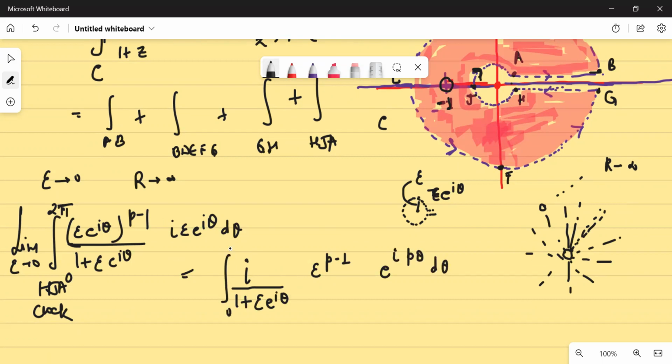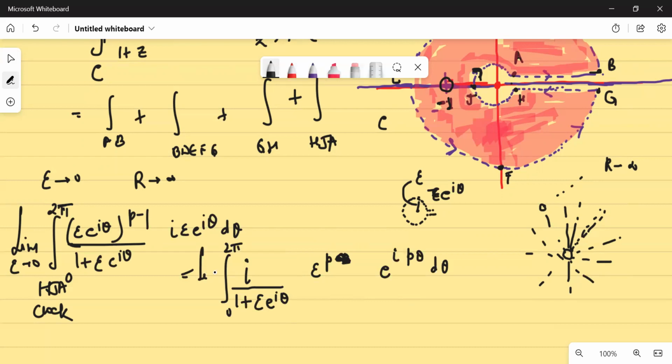Is that clear? Does this make sense? Quickly tell me, we don't have time. Sir, otherwise this is epsilon raised to power p. Yes, sorry, epsilon raised to power p. Now see, whatever it remains, I'm not worried.